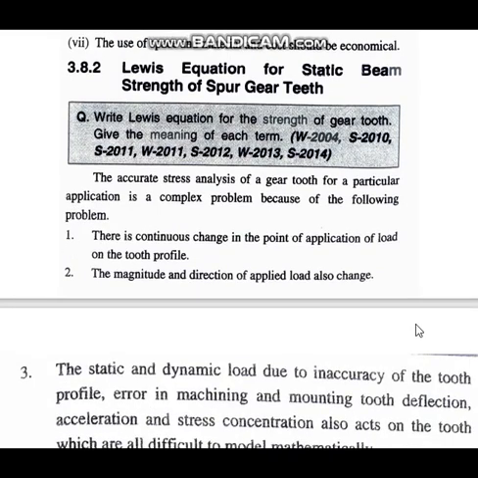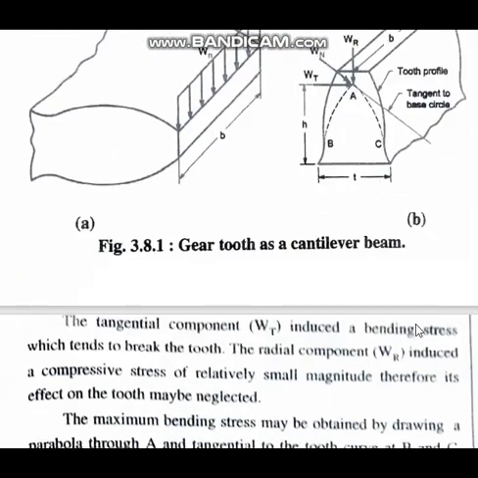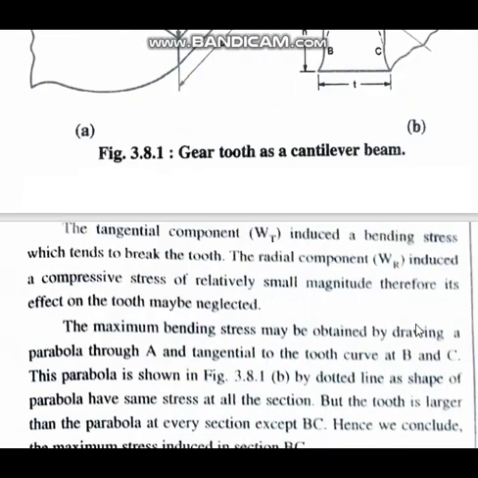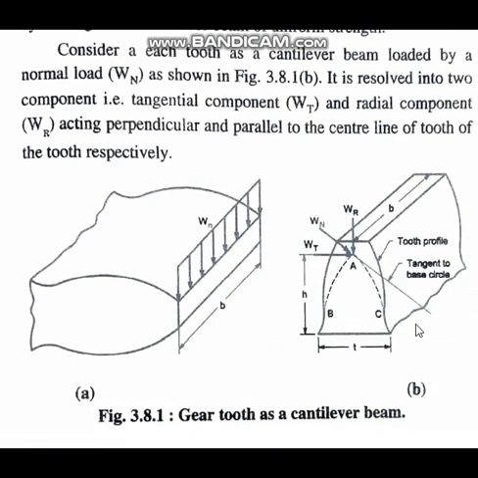When we are designing, sometimes one quiz question is asked: to which of the gears is it applicable? Now, two gears are meshing. The bigger one is called the gear, the smaller one is called the pinion. So is the Lewis equation applicable to the bigger one, the gear, or the pinion?